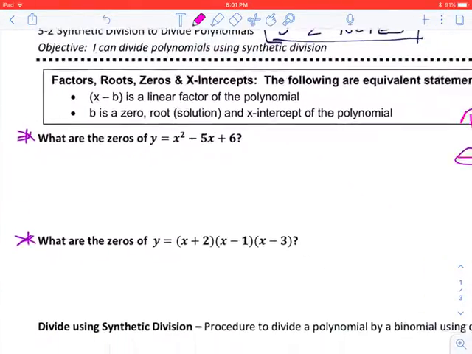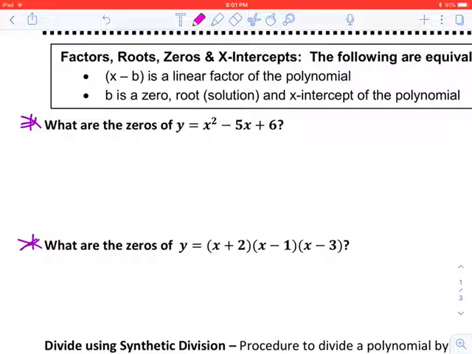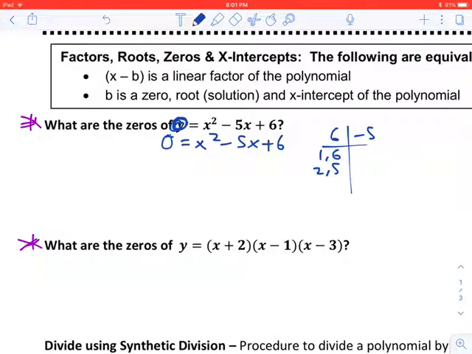So in this first example, this is a throwback to what we talked about originally with a quadratic. So 0 equals x squared minus 5x plus 6. You set the y equal to 0 and go ahead and factor. What two factors of 6 give us negative 5? Looking through the factors of 6, we've got 1 and 6, 2 and 3.